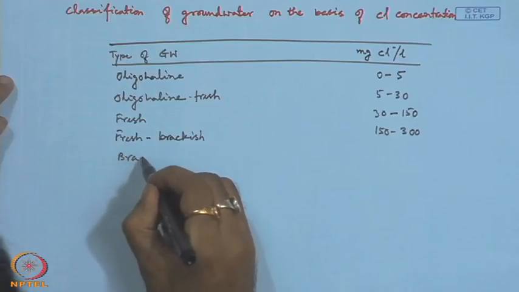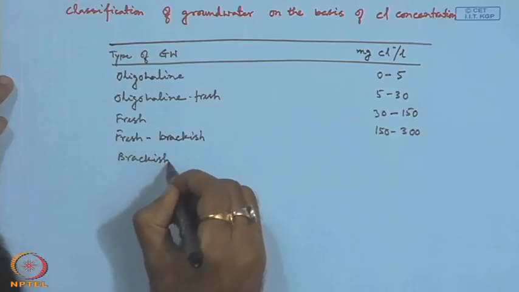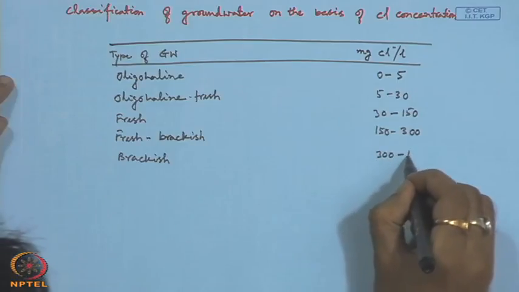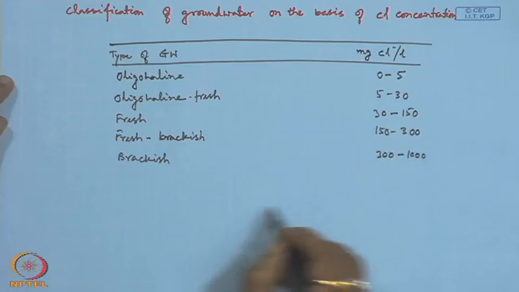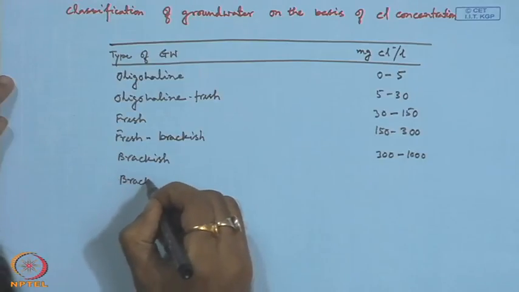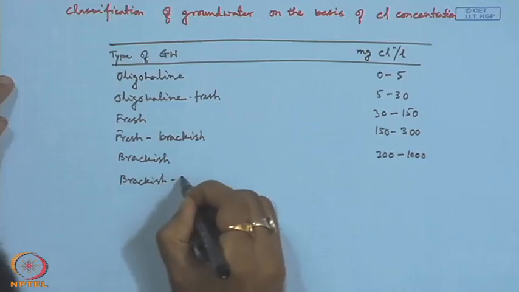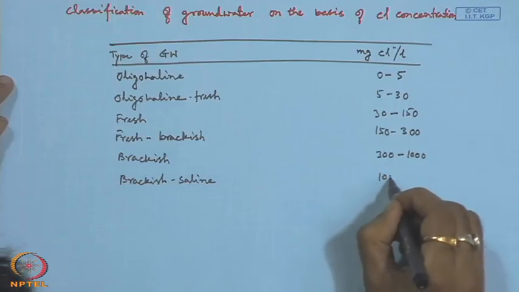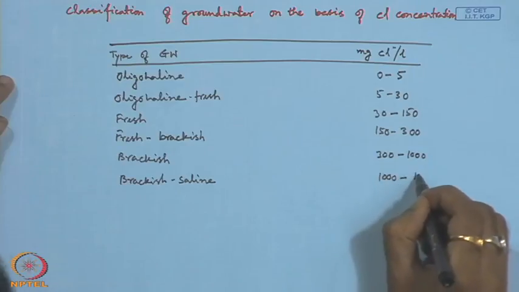Then we have brackish, which is 300 to 1000. Then brackish saline, 1000 to 10,000.